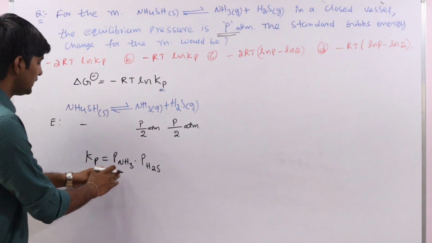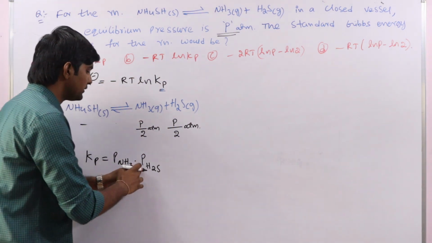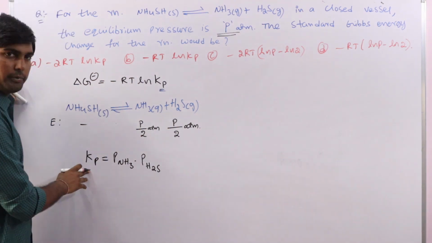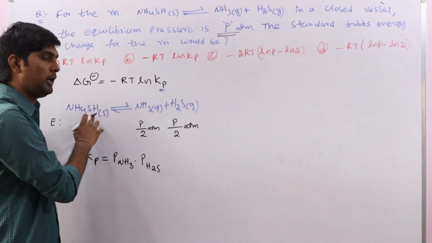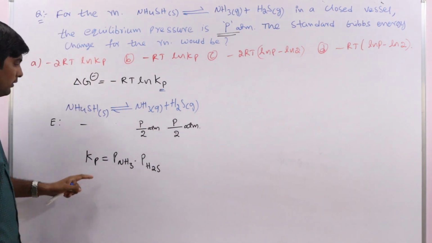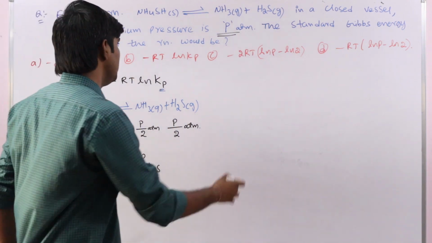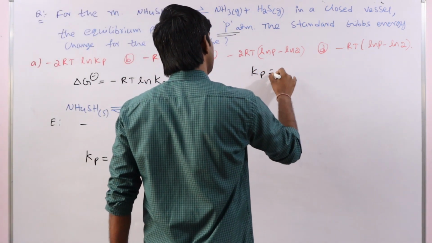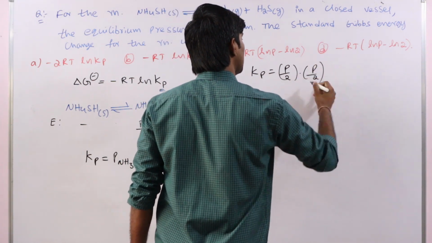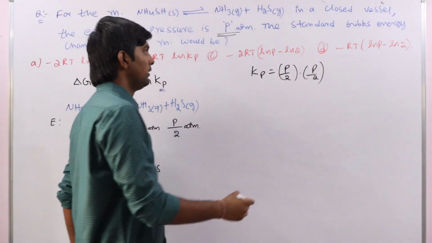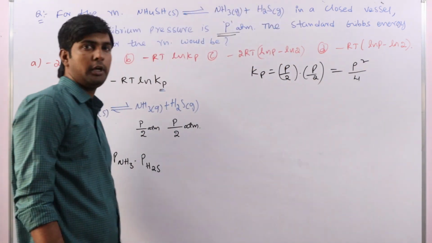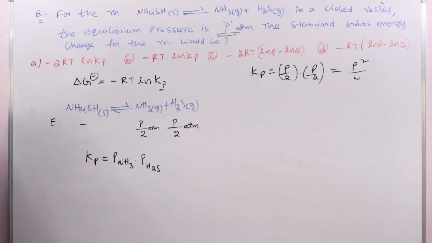Now Kp is equal to partial pressure of NH3 into partial pressure of H2S. Already we discussed how to write the equilibrium constant expression. It is a solid, so it does not appear in the Kp expression. Substituting the values, Kp equals P by 2 into P by 2, that is P square by 4.